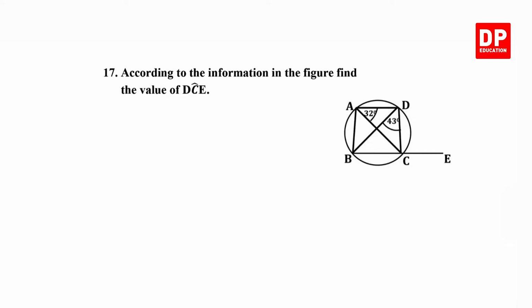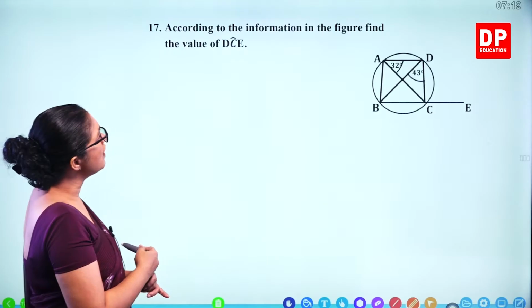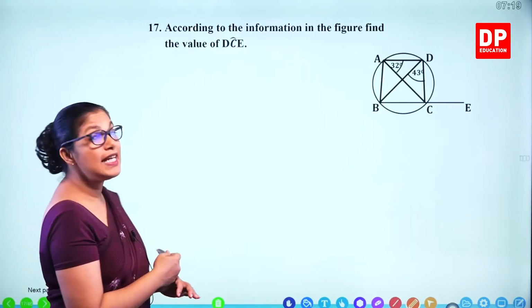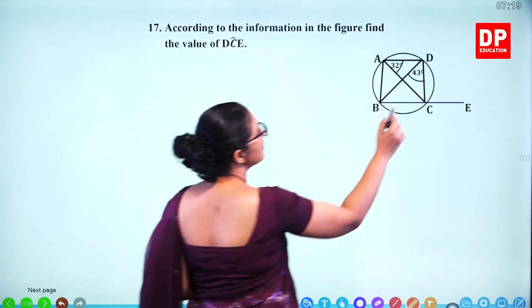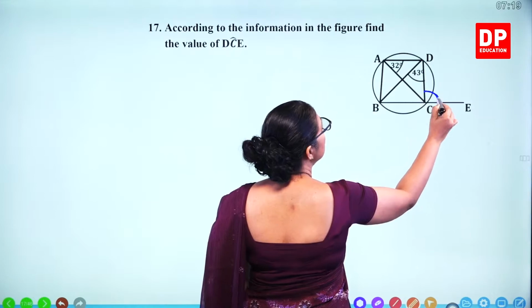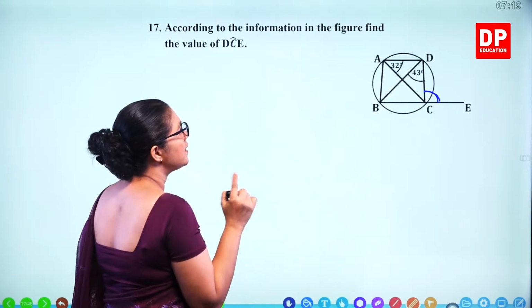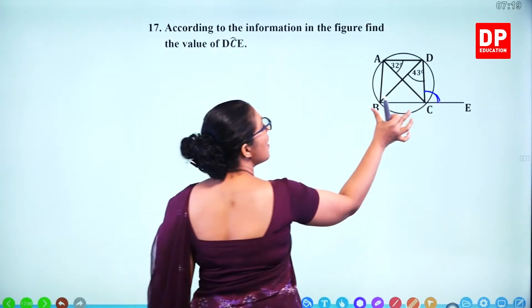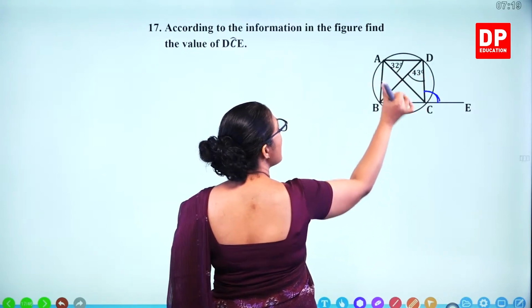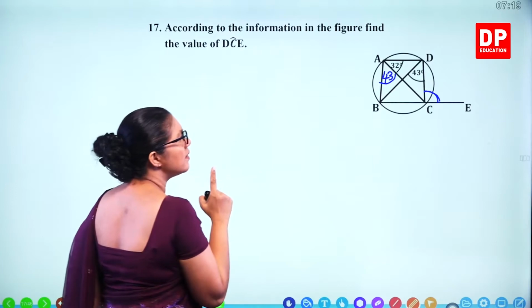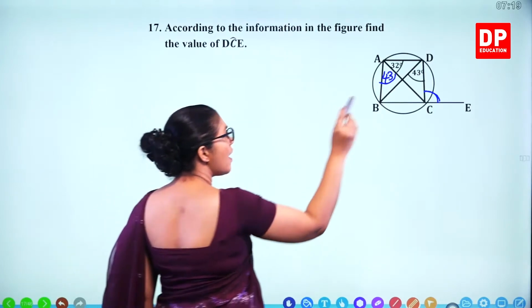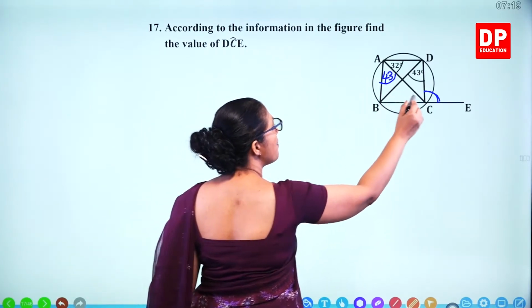Question number 17. According to the information in the figure, find the value of DCE. DCE, this angle. How can we find that angle? See, this angle and this angle are both angles in the same segment, so both are equal. That's 43. Now you can use the other theorem.